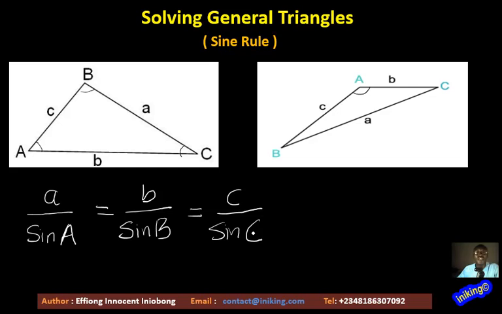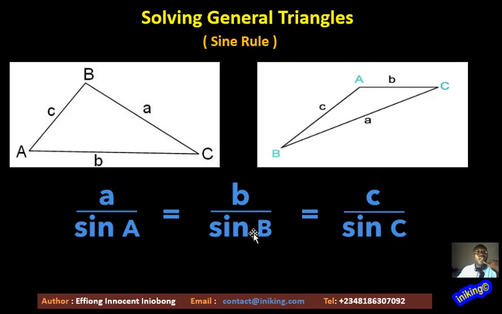So the ratio of a to sine A, or b to sine B, and c to sine C, either for an acute angle triangle or for an obtuse angle triangle, is a constant. That's the summary: a over sine A is equal to b over sine B, which is equal to c over sine C. We'll quickly look at an application of this.